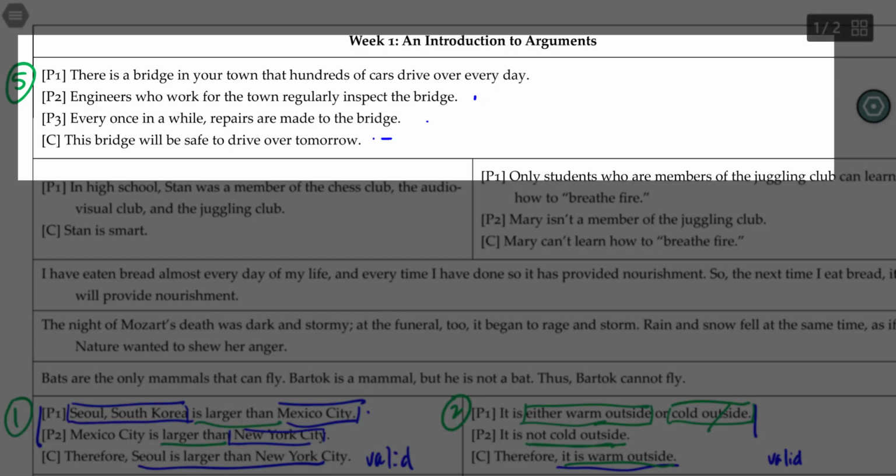That's the conclusion. If these premises are true, does the conclusion have to be true? Here the answer is no. These premises can be true and the conclusion can be false. It might happen that tomorrow the bridge breaks. So this argument is invalid.